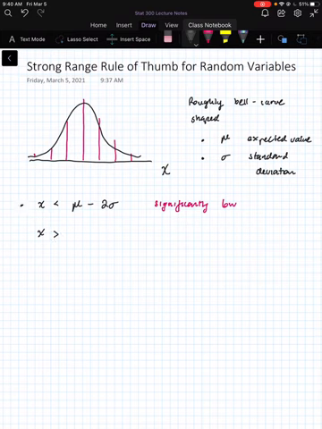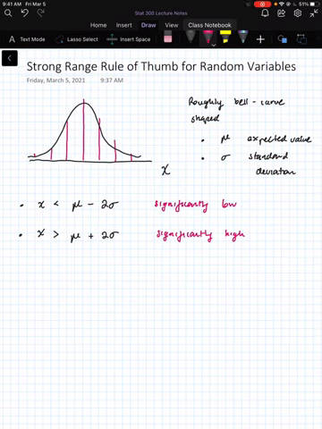Or, if it's greater than 2 standard deviations above the mean, then we call that significantly high. In either case, we would call x a significant value for our distribution, and x is an outcome, right?